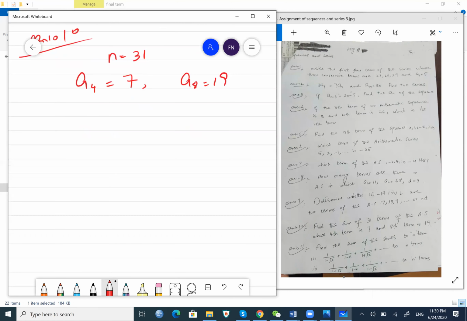So to find the sum or nth term, we need to know the common difference and the first term.